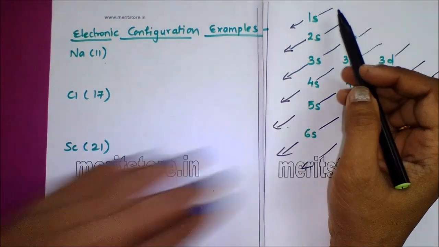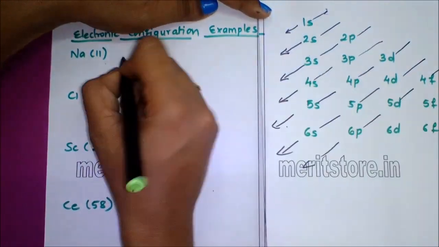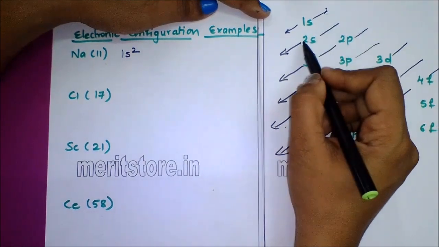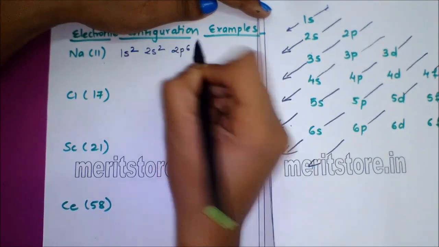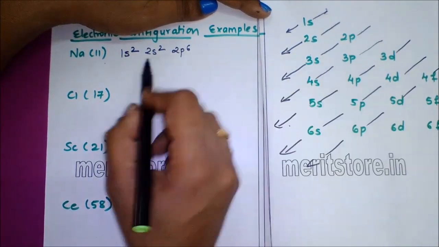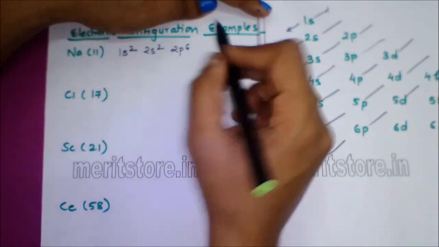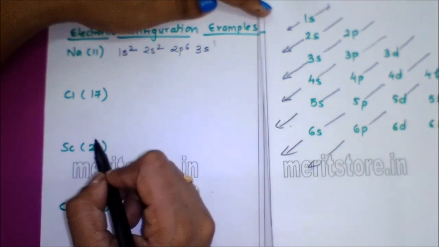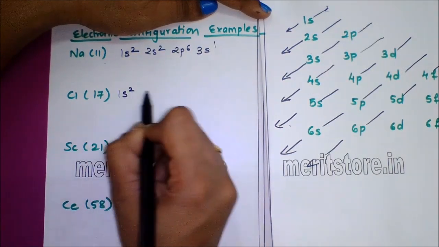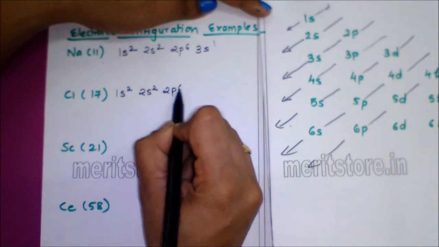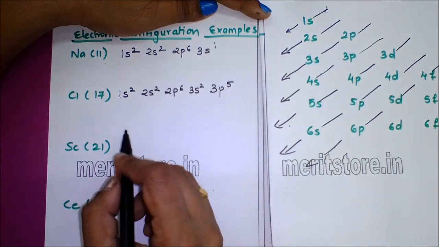According to the above diagram, the electron will go in 1s first. s has a capacity of 2 electrons, so this will be 1s2, then 2s2, then it will go in 2p. 2p has a capacity of 6 electrons, then it will go in 3s. But we have already filled 10 electrons over here, and we have to fill total 11, so only 1 electron will go in s orbital. Similarly, for chlorine with atomic number 17, it's 1s2, 2s2, 2p6, 3s2, and now 3p5, that is 17 electrons.